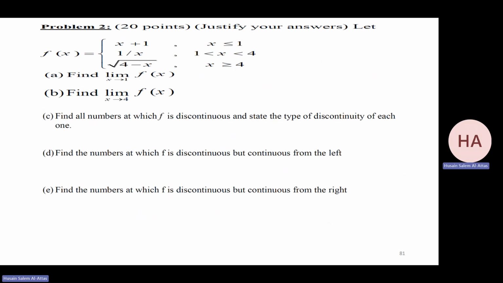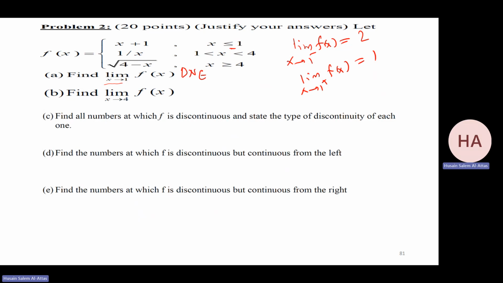Justify your answer. This is the function. Find the limit as x goes to 1. Limit as x goes to 1 from left will be 2. From right it will be 1. So this does not exist.